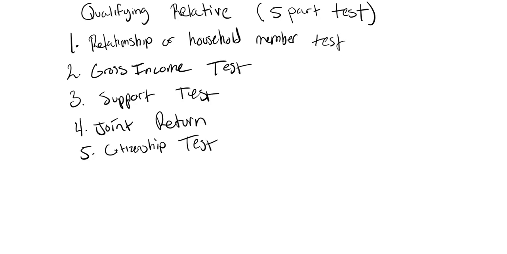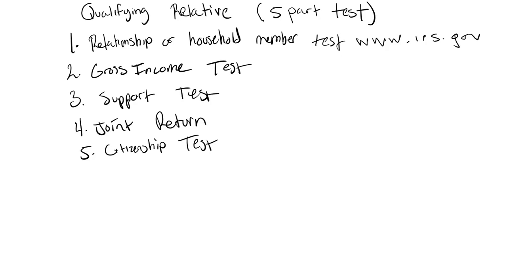Foster children may also qualify in certain circumstances. If the potential dependent is a more distant relative, additional information is available at www.irs.gov. There's plenty to read here. For example, cousins are not considered relatives.